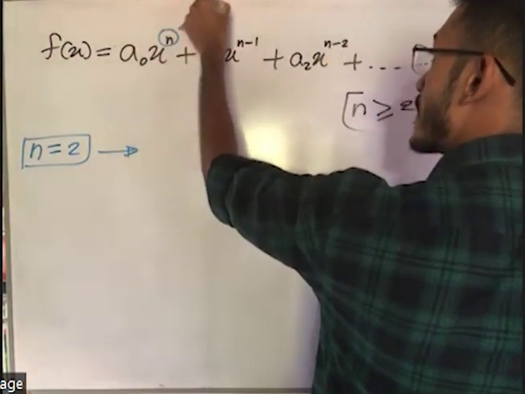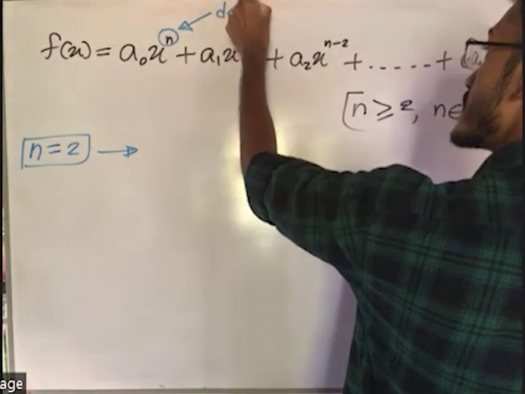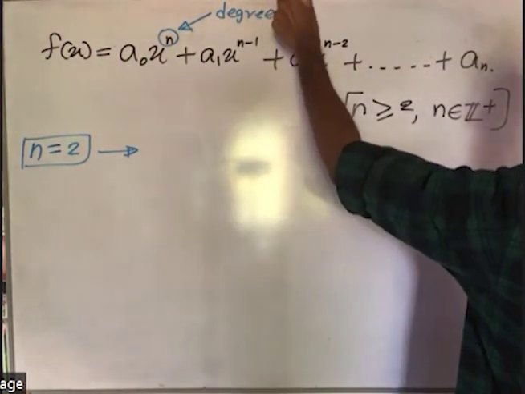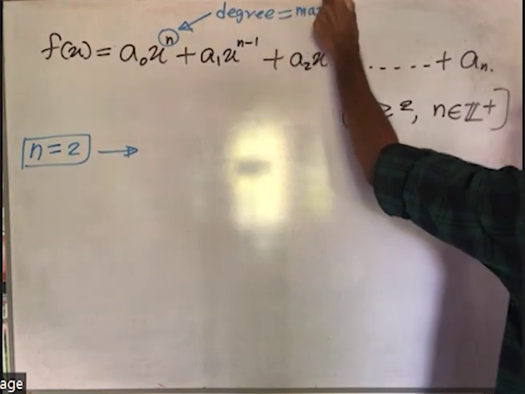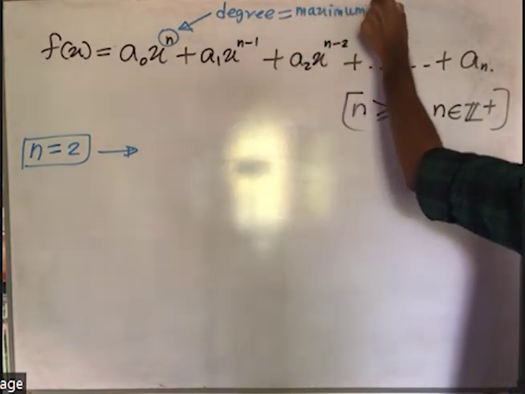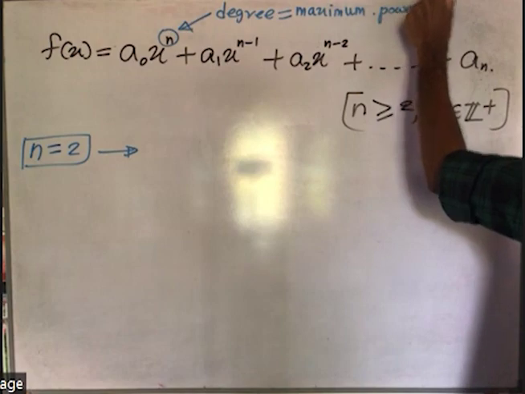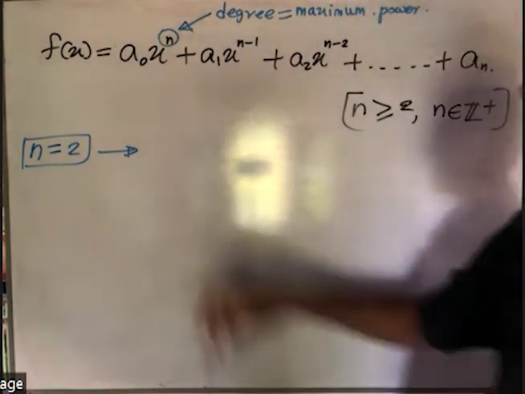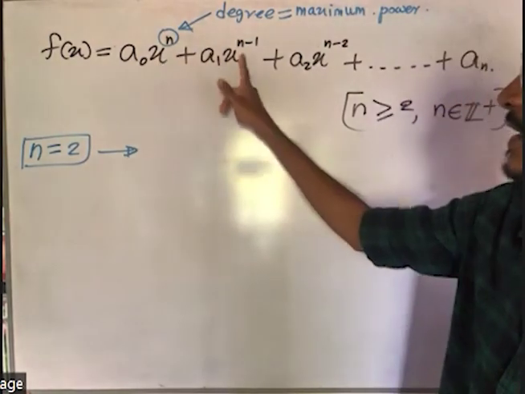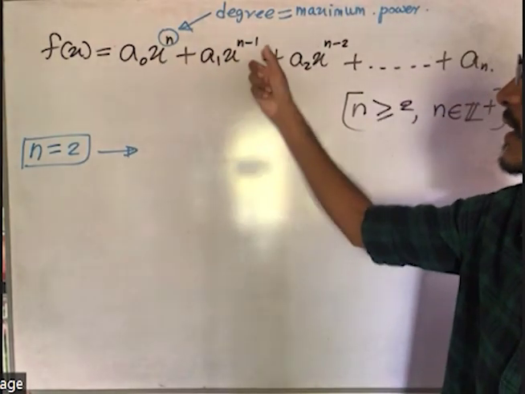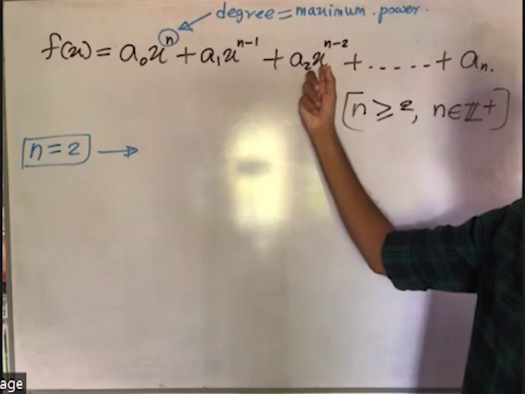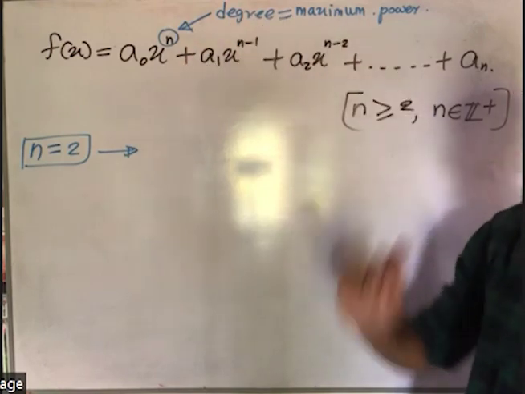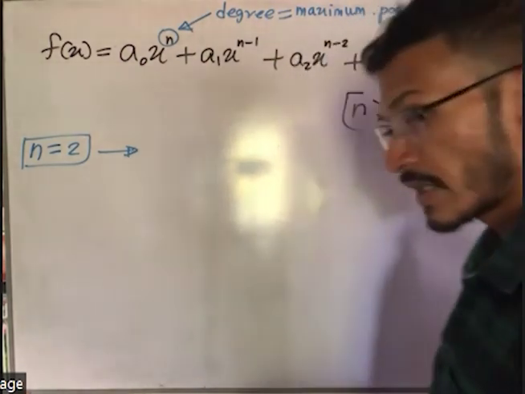Degree means the maximum power of the polynomial function. We have the maximum power in the first term. In the second term, the power is less than the first one, and in the third one, the power is also less than the first one. So n is the maximum power, and that is the degree of this equation, right?